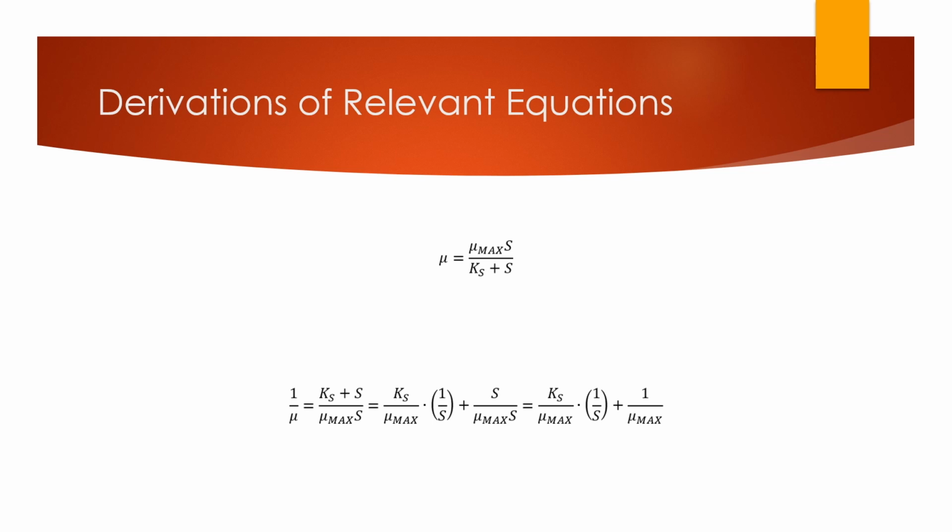If we take the reciprocal of mu and simplify it, we can put it in a form that is very useful for us in terms of graphing. If we compare this equation to the traditional linear equation where y equals mx plus b, we see that the slope would be Ks over mu max, and the y-intercept or b value would be 1 over mu max.